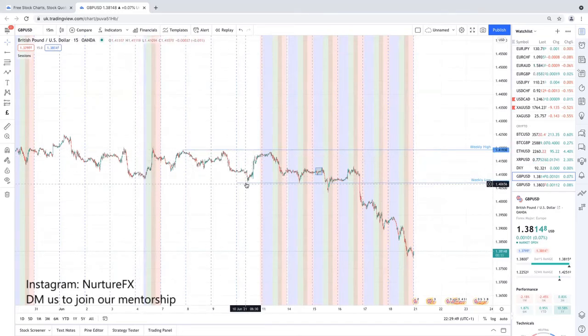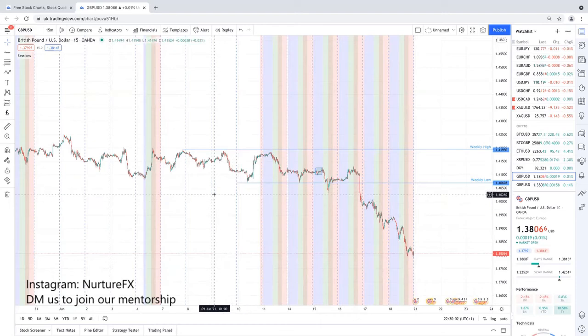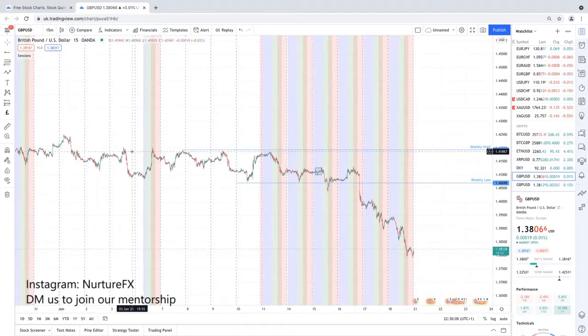What we're looking for here is for that weekly low to be broken for us to then take a move up. Now, what you would have known, and again, we've gone through this in the group, in the mentorship over the last couple of weeks, is that GU is currently overall bearish.